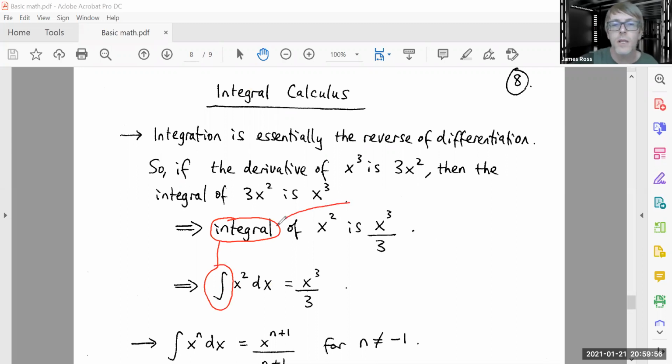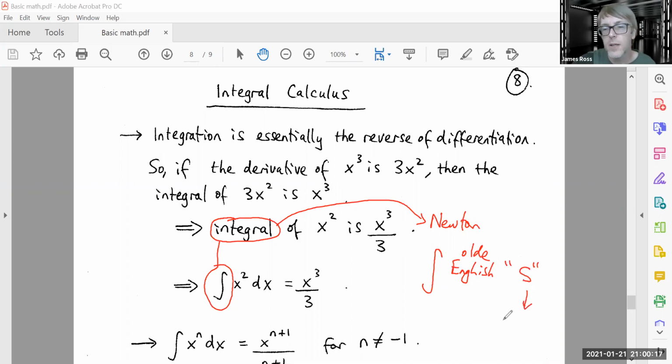Now, historically, I believe this was invented by Newton. And this symbol is actually an old English letter S. The S here we can use to help us remember.